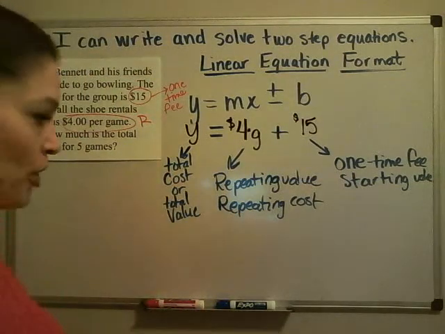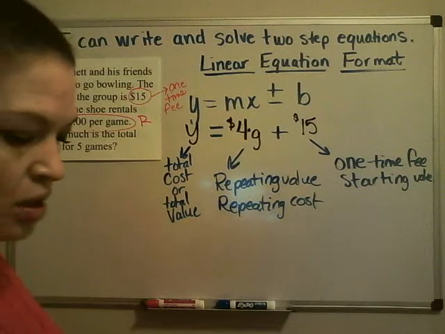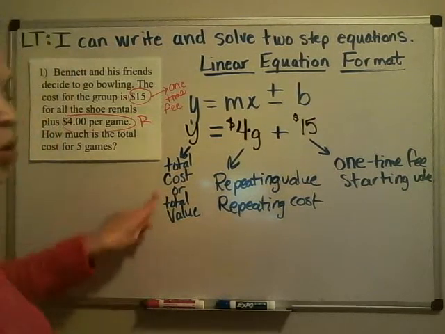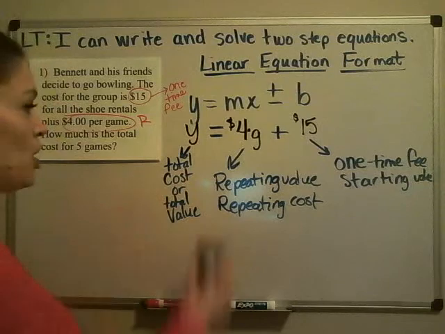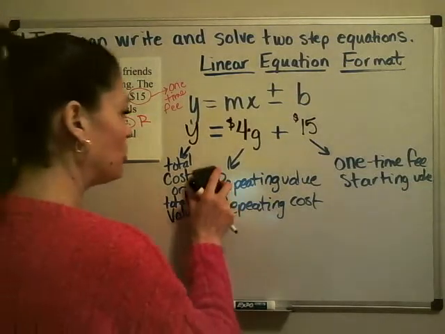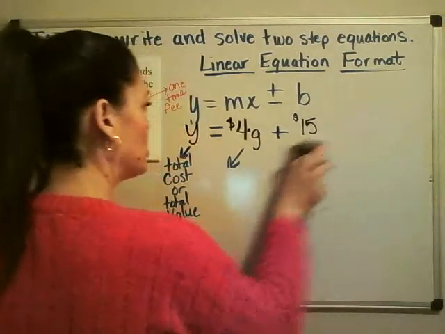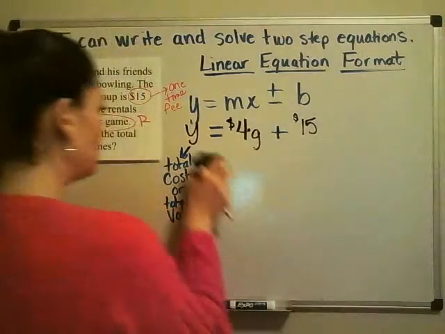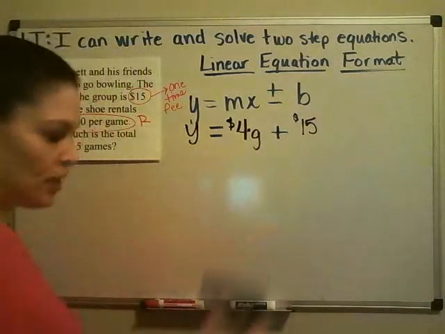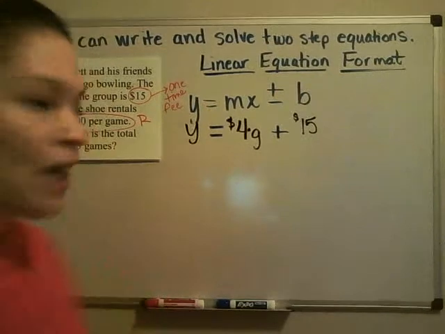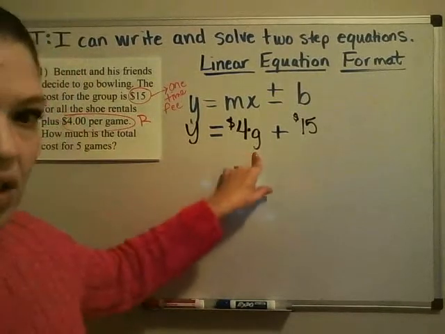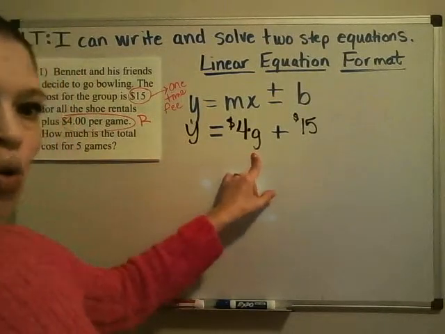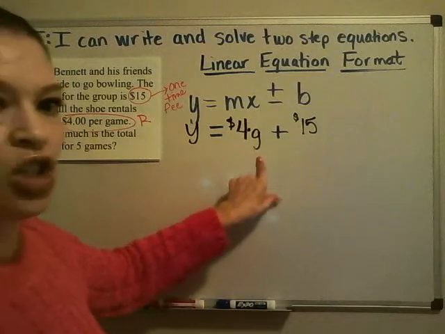So now that we have set up our equation, now we can start to calculate what the total cost will be. All right, so I'm going to erase my repeating value so I can have some space and my other notes. Okay, so should I leave this G in there, or should I replace that G with something?